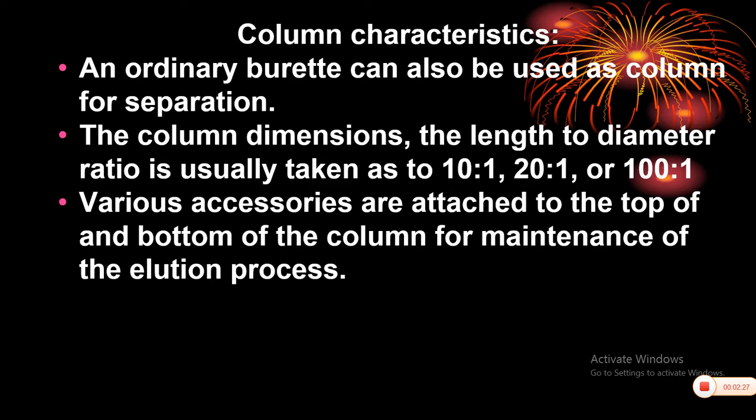The column dimensions, the length to diameter ratio is usually taken as 10:1, 20:1 or 100:1 as per the requirement of the experiment and nature of the mixture to be separated, nature of the adsorbent, nature of the solvent system, etc. So choice is there.